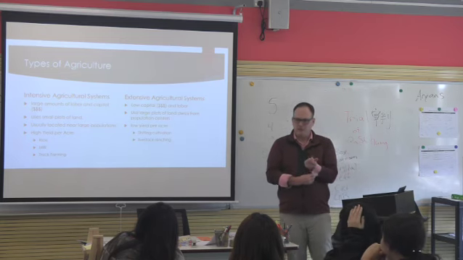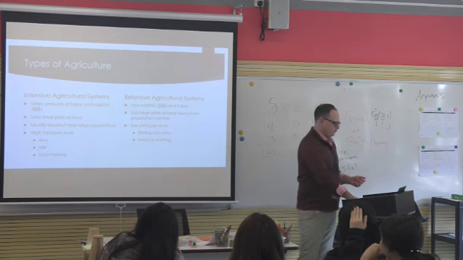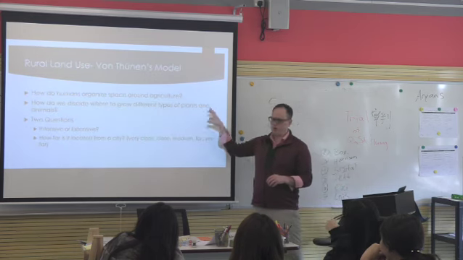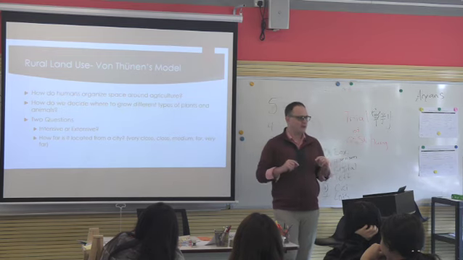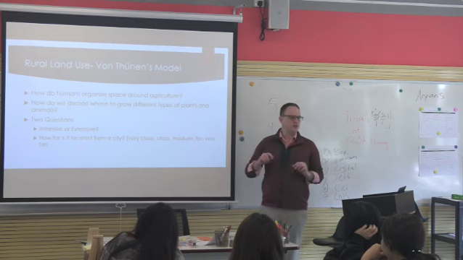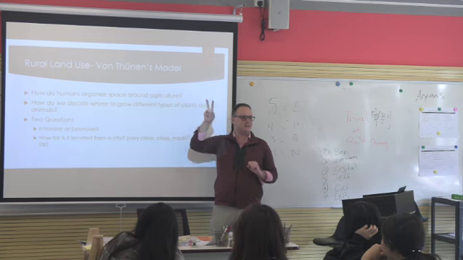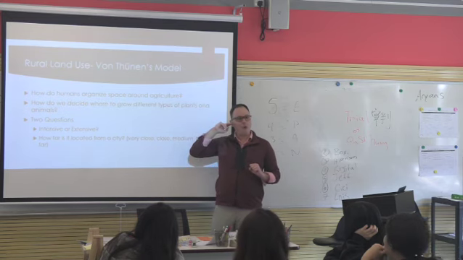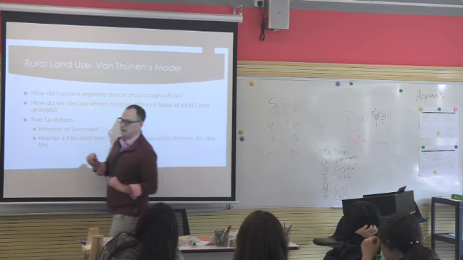So intensive versus extensive. Today we're going to review the images of different types of agriculture that we looked at before break. With your group, I want you to discuss two questions. Do you think this type of agriculture is intensive or extensive? And how far away from a city would this type of agriculture be located?